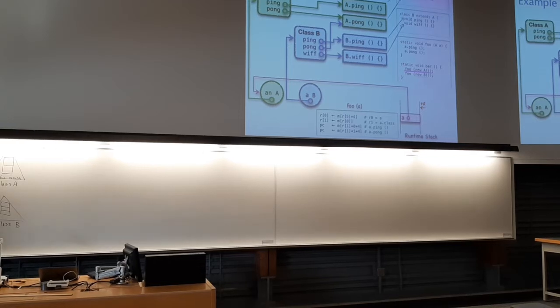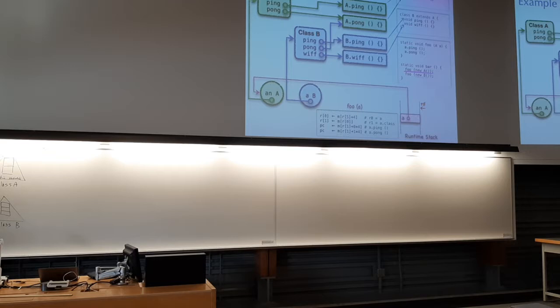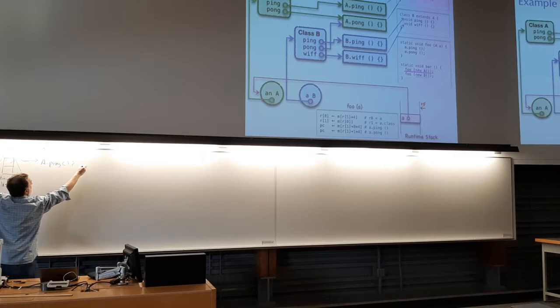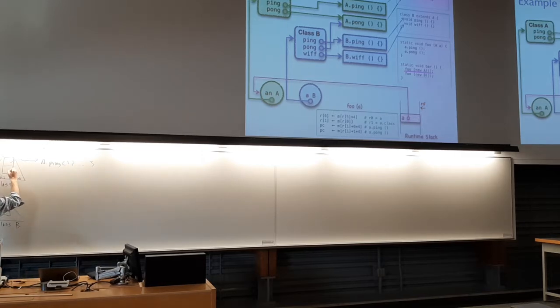The meaning of each of these entries is determined by the list of instance methods that the class implements. So A doesn't extend anything else, so it implements just two methods, ping and pong. This first entry is for ping, and it points to the code for ping. And this is the code for pong.